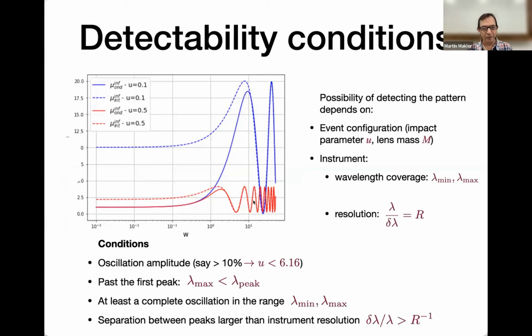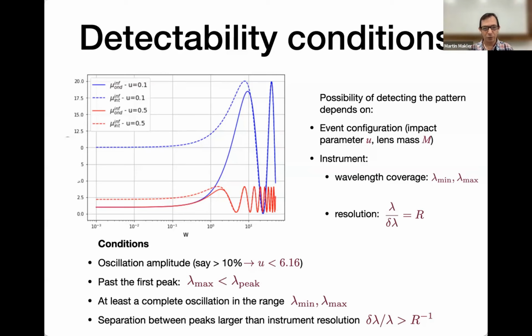We are also interested in being in this regime, to the right, the oscillatory regime. So we impose this condition on the maximum wavelength. And we impose the condition of having at least a full oscillation in the spectrum within this range. Also, of course, we need these oscillations to be larger than the resolution.